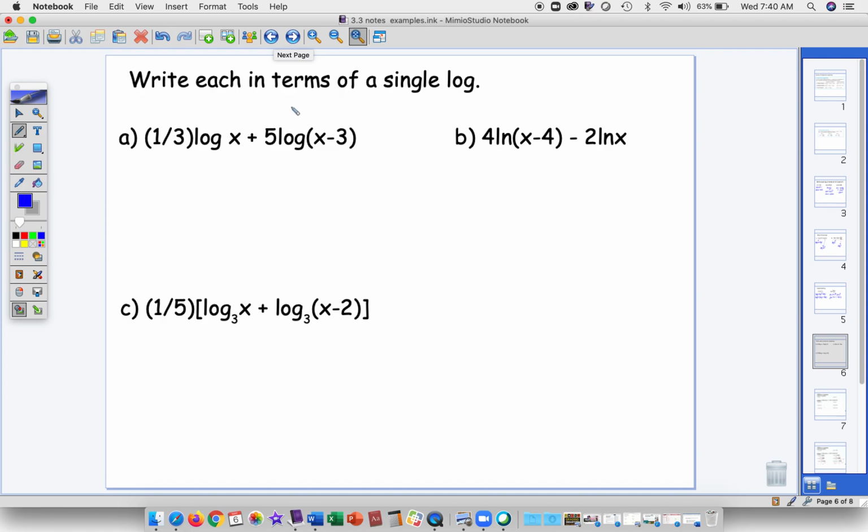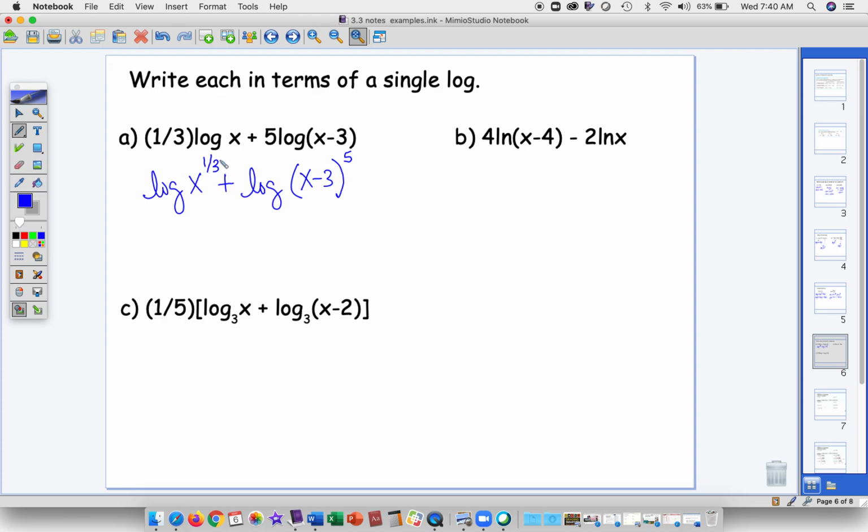Okay, now we're going to go in the other direction and condense these. So when I see a number out front, I know that's going to become a power. So this is the log of x to the 1/3 plus the log of x minus 3 to the 5th power. And since it's a sum, that's going to become a product.